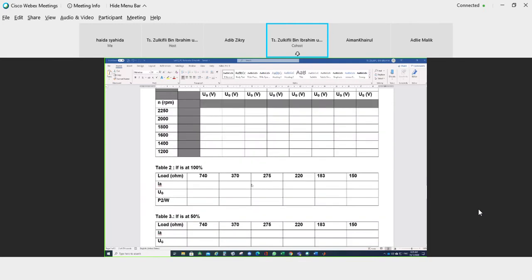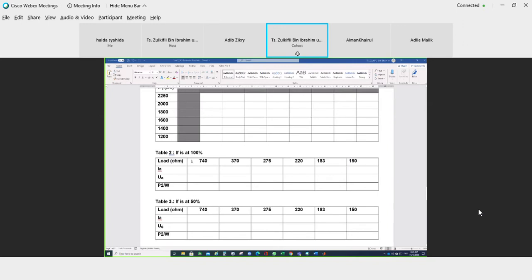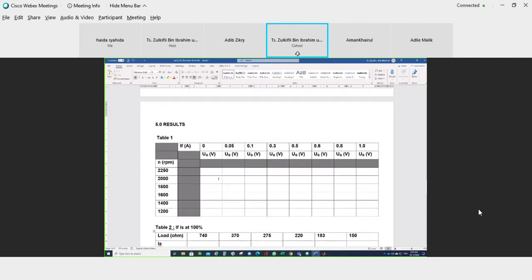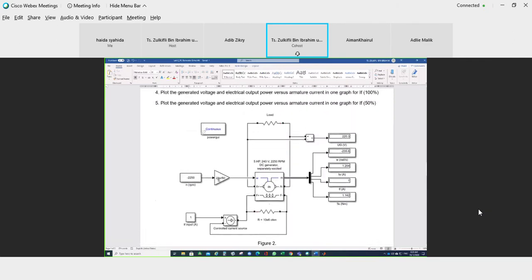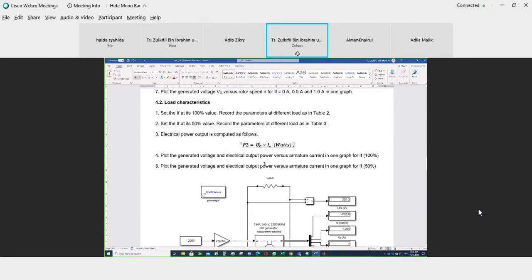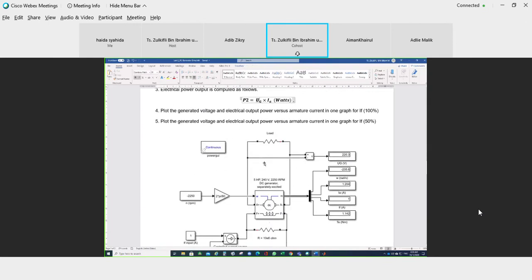Okay, so load kamu ubah, double click adalah masukkan value, you put 740, 30, 370, bla bla semua ni. Then record the IA, UG and power 2, the output power. So the output power is equals to this one. Power kat sini lah, your UG times IA.